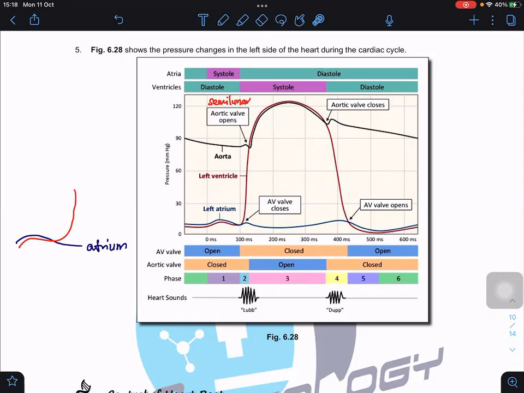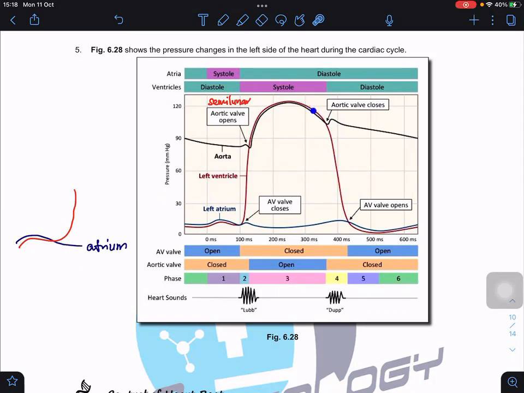Now, can you see the blood pressure decrease? When the blood pressure inside the ventricle decreases, why? Diastole has taken place. Diastole basically means relaxation of the ventricle, so the ventricle pressure now decreases.